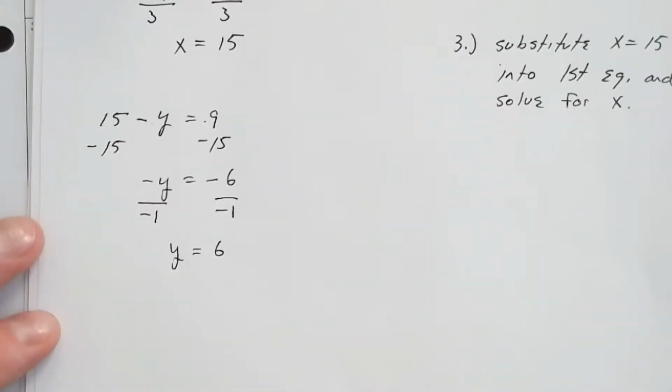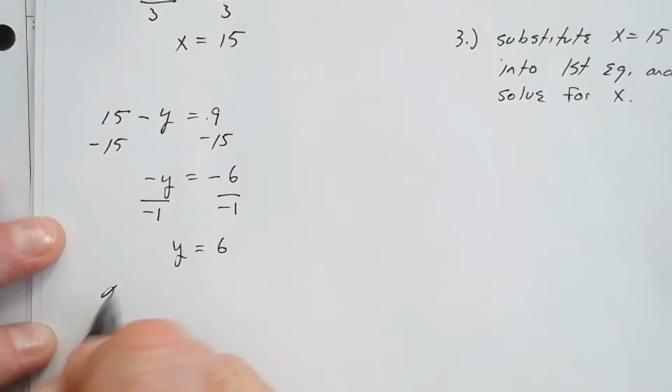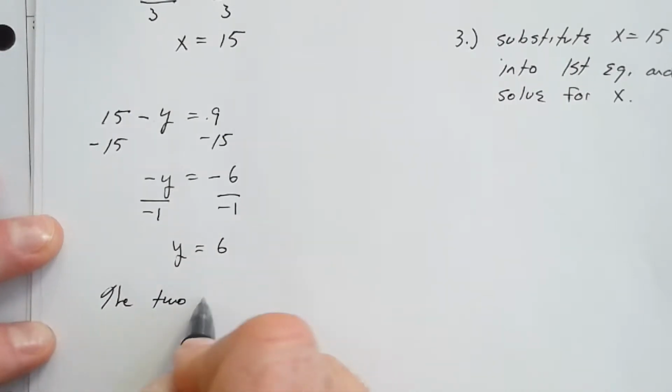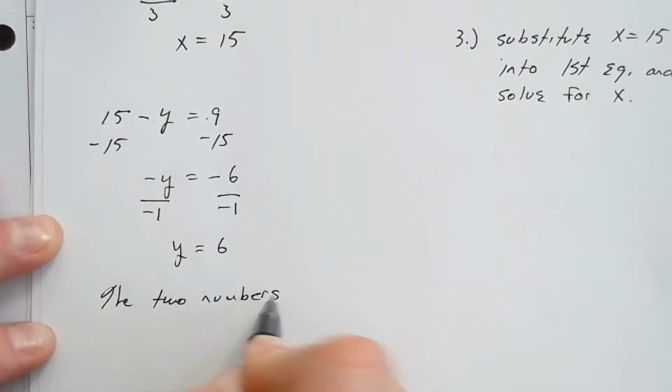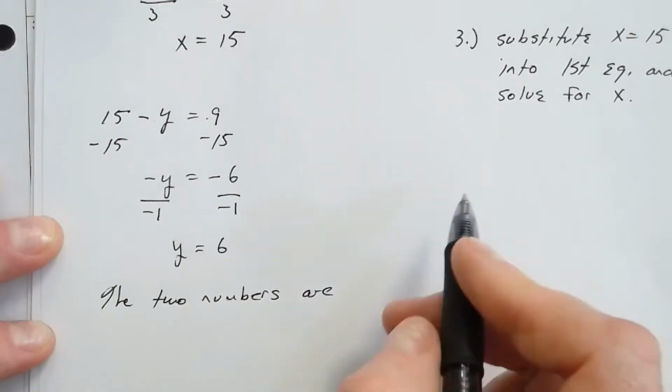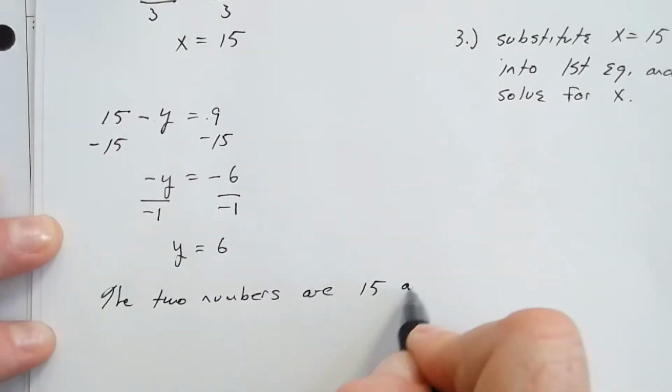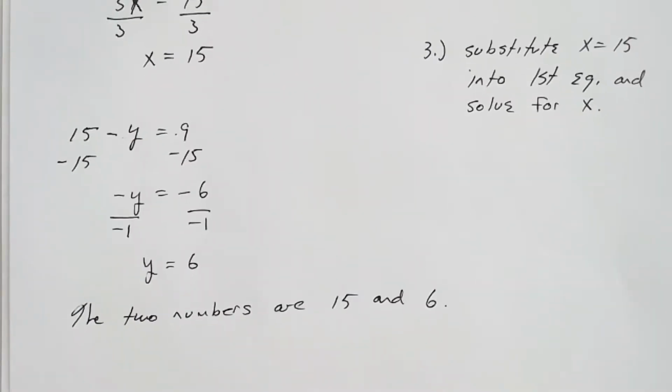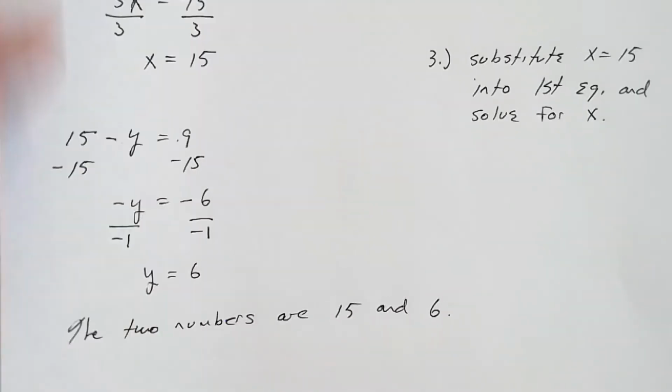So the two numbers that we were looking for are 15 and 6. So that's problem number 3. And let's do problem number 4.